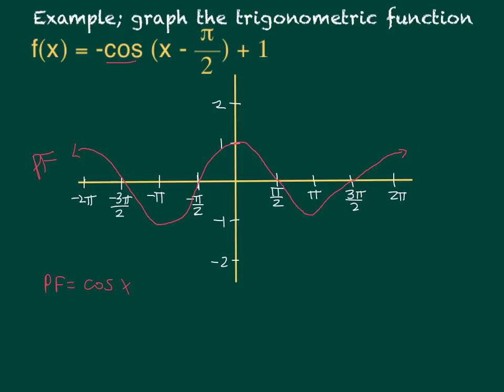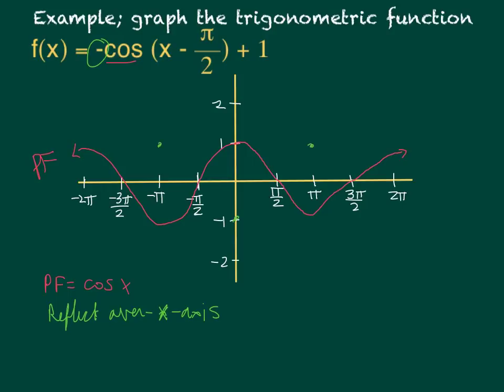Alright, now I need to recognize what is changing. The first thing we should see is the negative outside, so we're going to reflect over the x-axis. That means everything's just going to flip over.